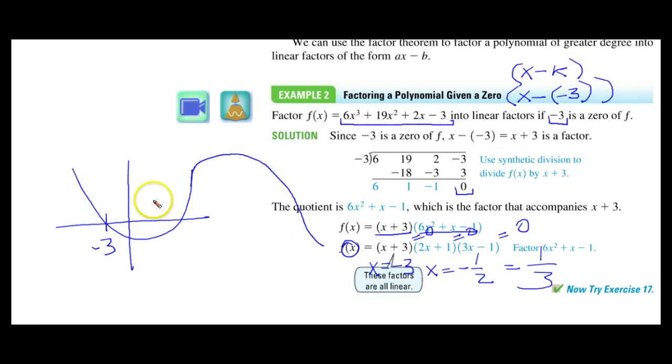Now, I don't have that indicated with this diagram, but these would be the other intercepts. So it would be one there possibly, and then one right over there. Again, this diagram is just used for illustrative purposes. Okay. So again, you'll be doing some of these. This is the background behind it.